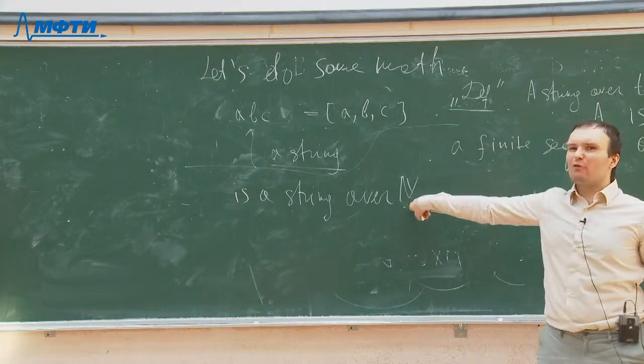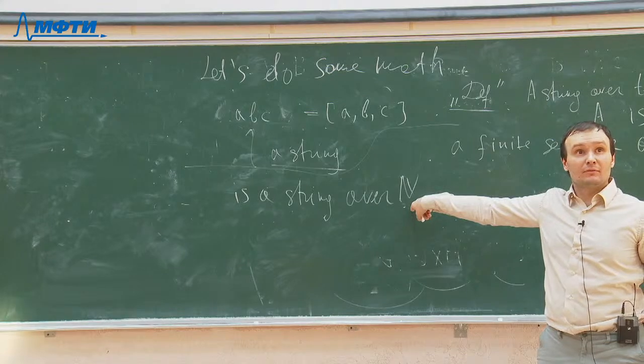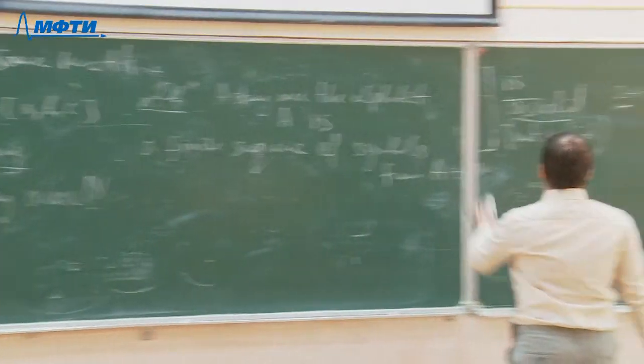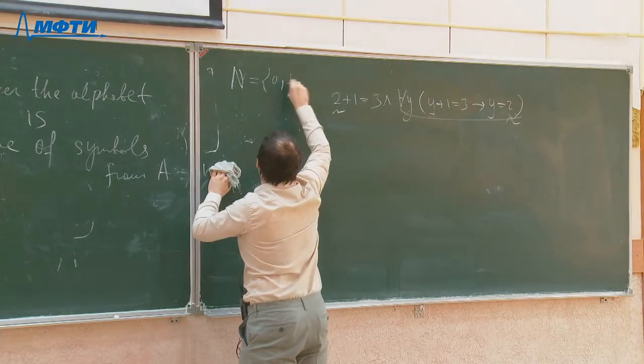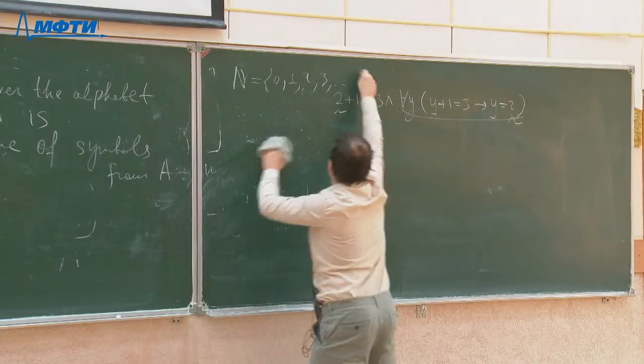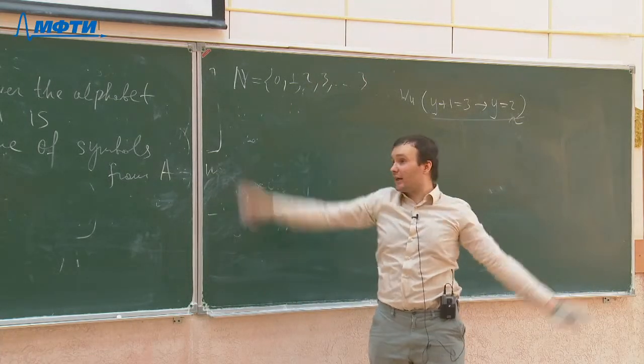By the way, are you familiar with this symbol? All natural numbers, 0, 1, 2, 3. Do you know this collection? Okay.